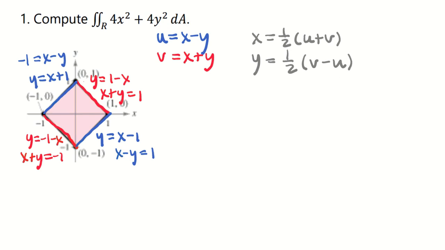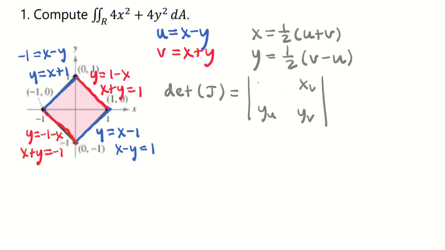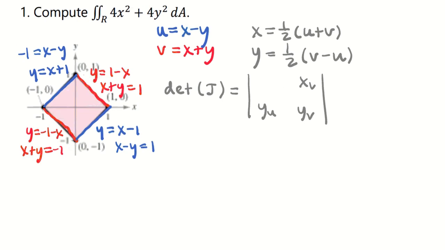Now we're going to find the actual Jacobian, the determinant of the Jacobian matrix. So I'm going to say determinant of J is equal to the determinant of xu, xv, yu, and yv. I'll just take these one at a time. The derivative of x with respect to u is going to be 1/2.